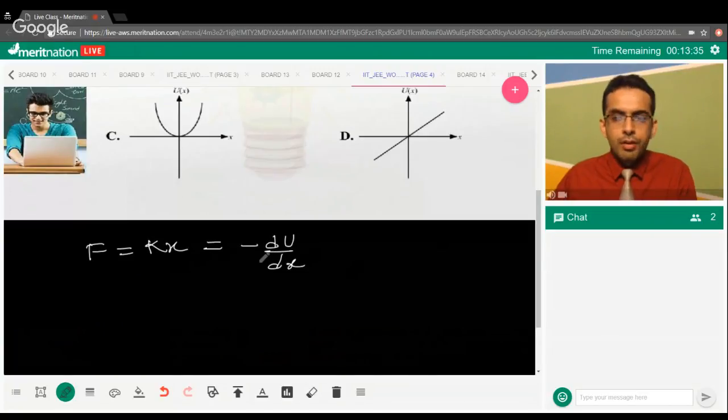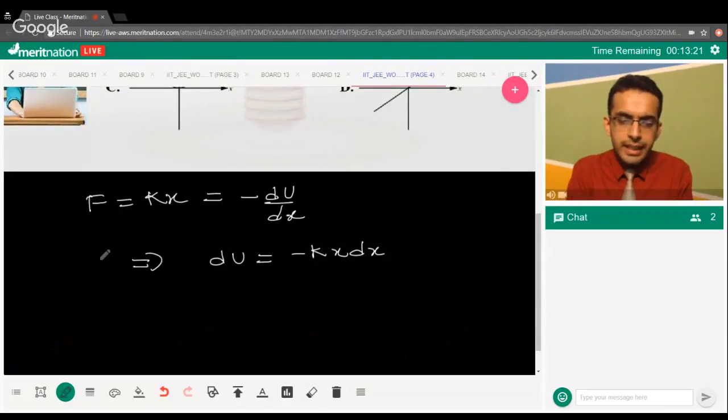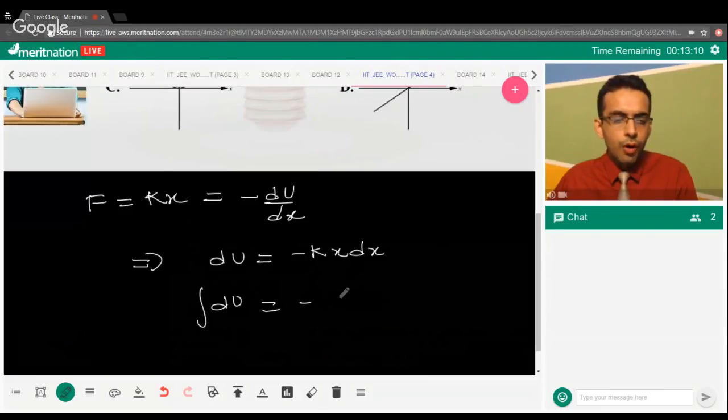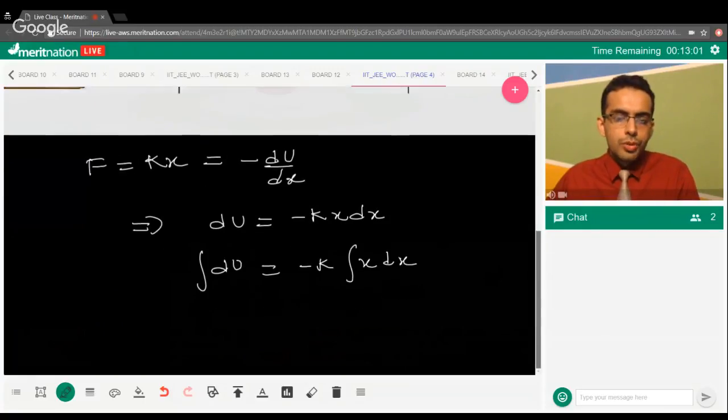So you can simply write dU is equal to minus kx into dx. Now simply integrate: integration of dU gives us minus k, taking k outside of the integration, x into dx.